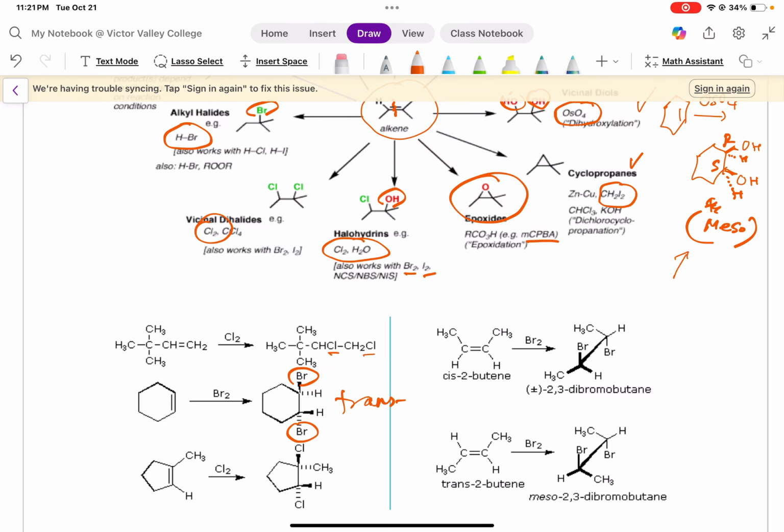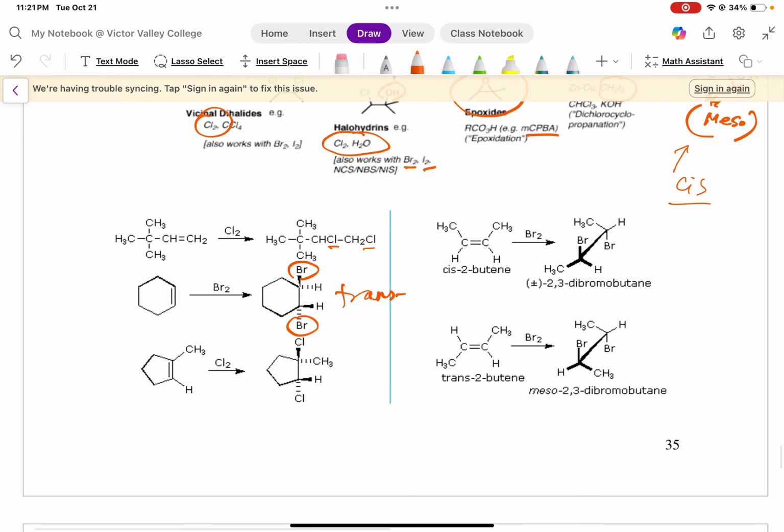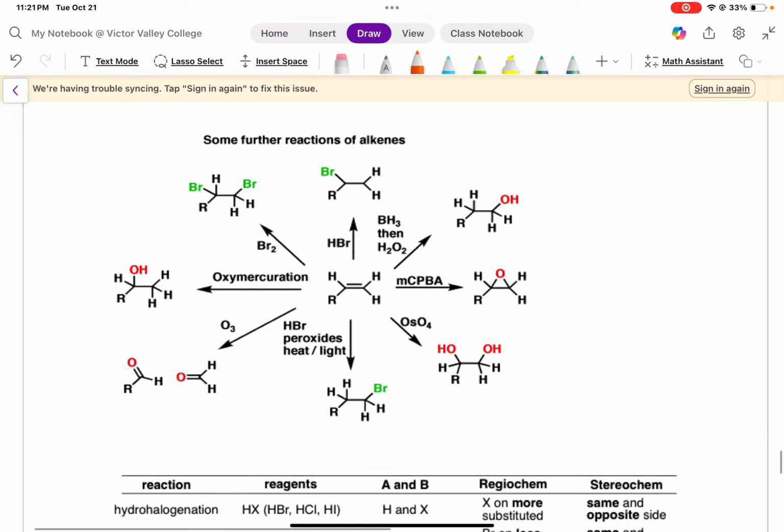Right here, this one is cis. That's for OsO4, but bromination is trans. Chlorination is also trans. So the two chlorines add in opposite directions, I mean, opposite sides. Similarly, we have right here and there. Here's more to go. For this, it doesn't matter.